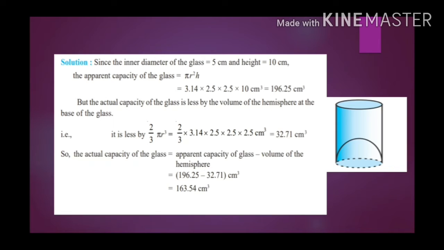Now we will check the solution. Since the inner diameter of the glass is 5 cm and height is equal to 10 cm, the apparent capacity of the glass, that means before the shopkeeper cut this hemisphere, the actual capacity of the glass was the capacity of the cylinder or the volume of the cylinder, which is equal to pi r square h.